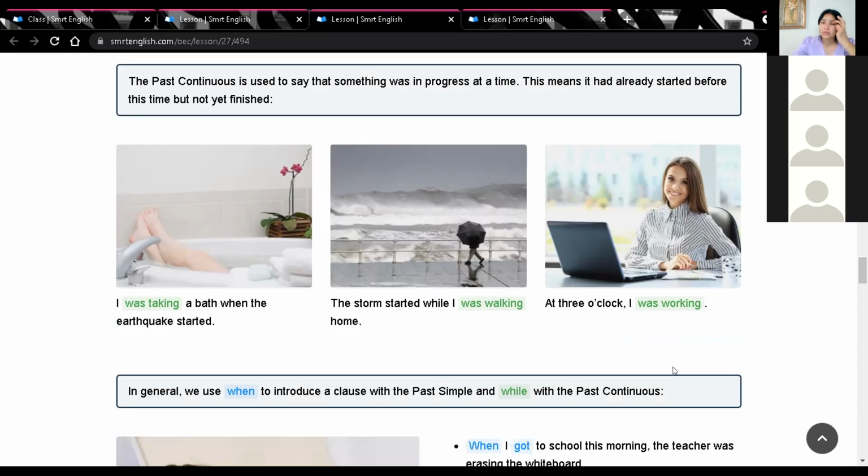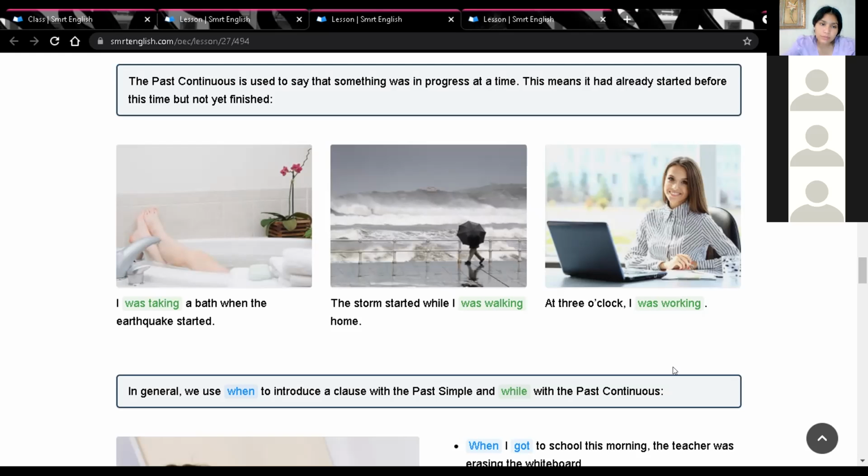In this case, teacher, the verb is in past participle? No, it's in the continuous form, the gerund, ing. Let me tell you the first example. I was taking a bath when the earthquake started.